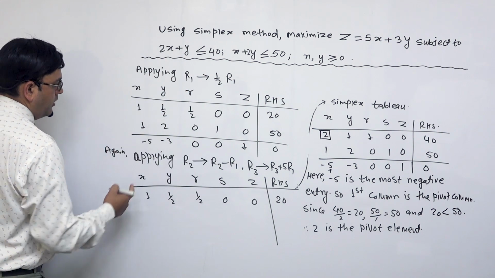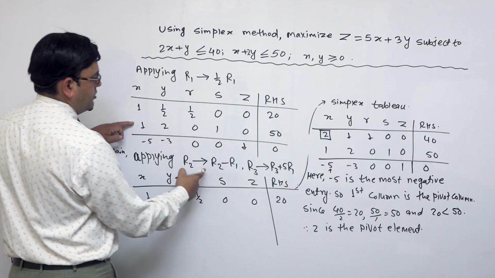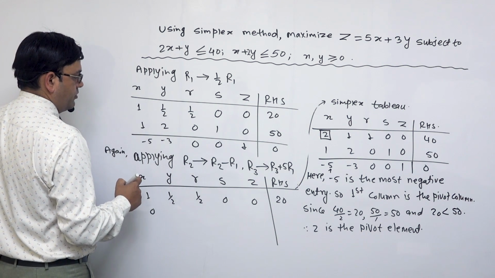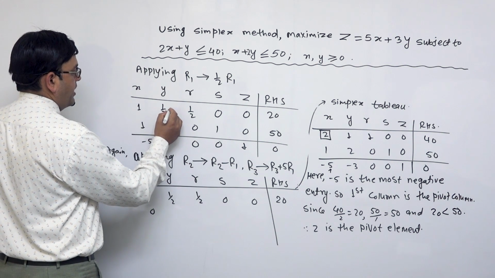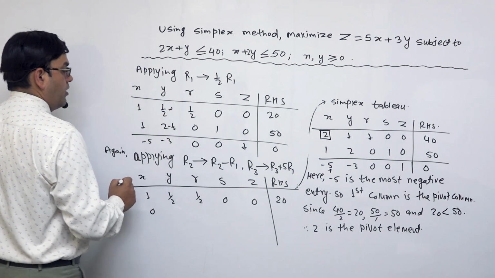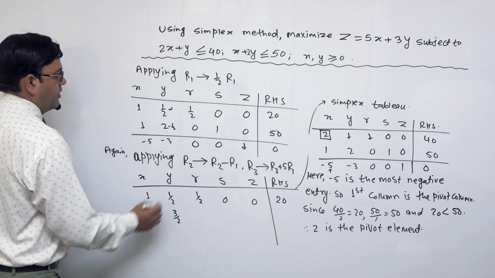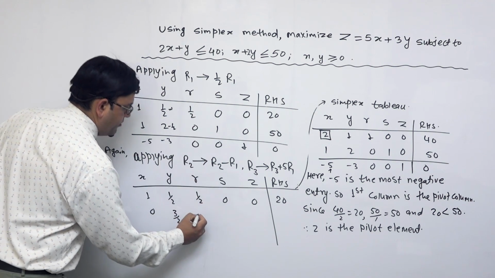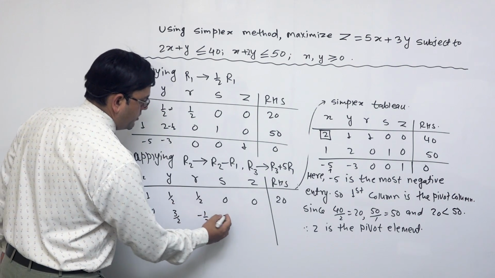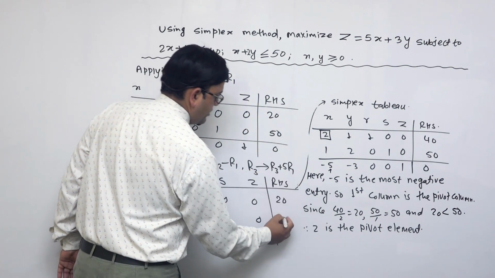Now here 1, this one is 0 because R2 changes into R2 minus R1. 1 minus 1 is 0, so 2 minus 1/2, that is 4 minus 1 over 2, which is 3/2. Similarly this minus 1/2. Similarly this minus this, 1 minus 0 is 1, and 0 minus 0 is 0. 50 minus 20 is 30.